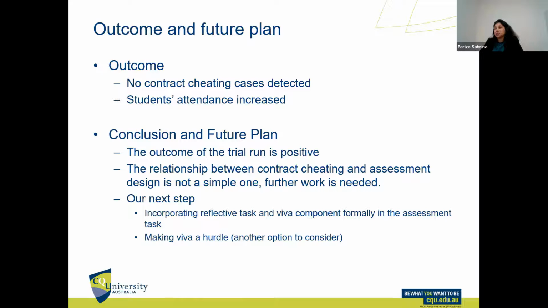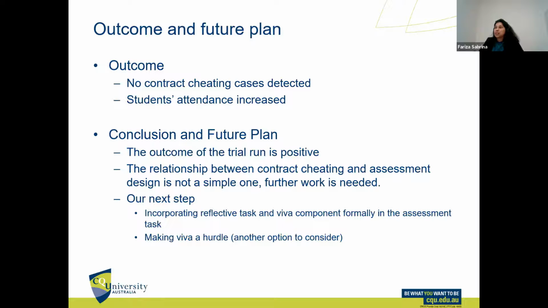But since we had the reflective task and a clear message was given to the students, they were encouraged to come and take part in the reflective task. There was a positive outcome: students took it very seriously and attended the class.